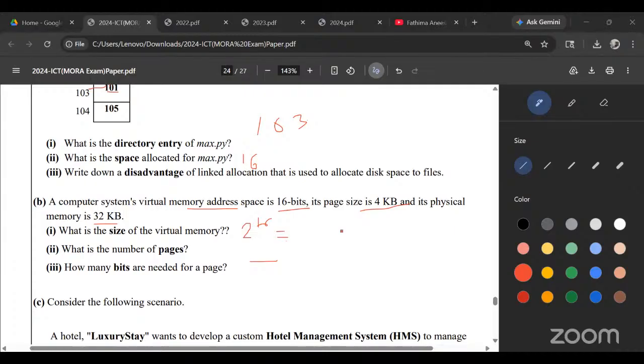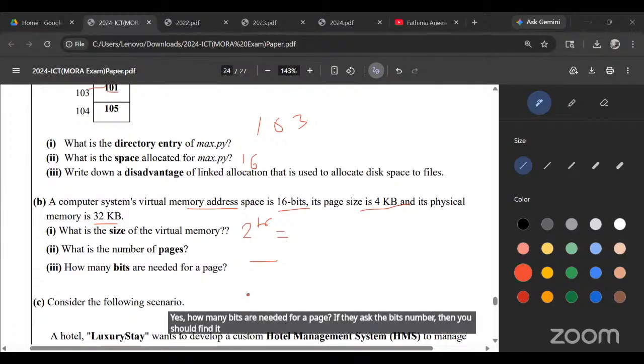Using the page size. So 4 KB, yes, how many bits are needed for a page? If they ask the bits number, then you should find it through the page size.